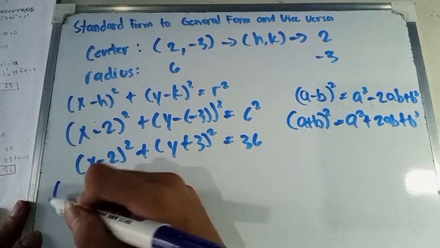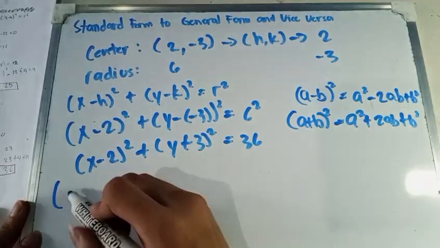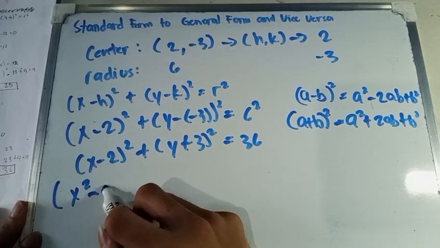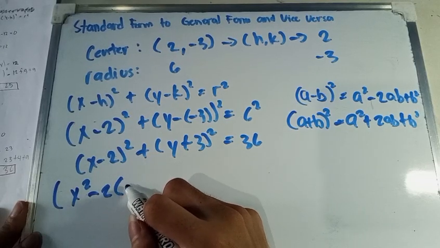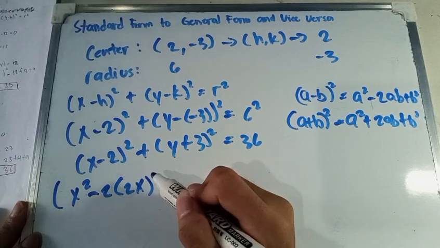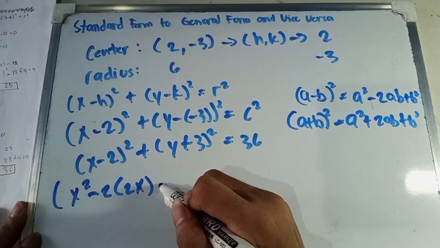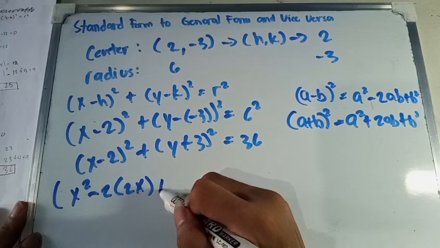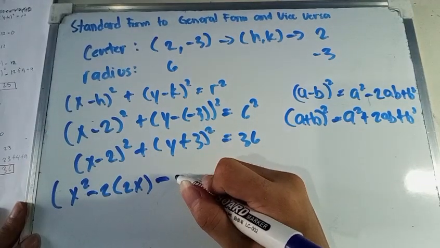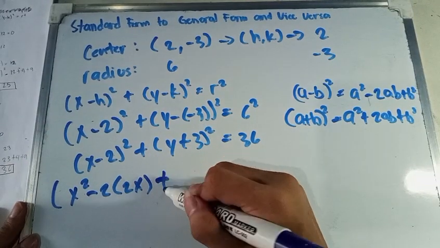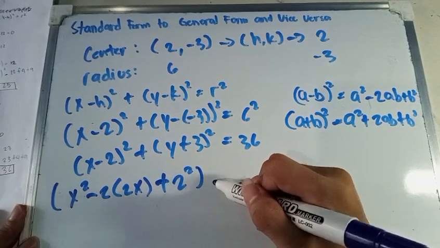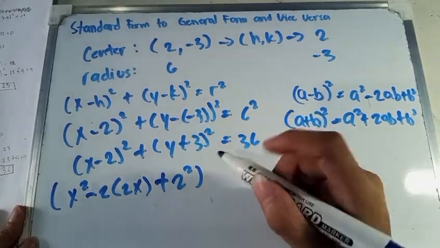So using this rule, we have x squared minus 2 times 2x plus 2 squared. Alright, we're not done yet.